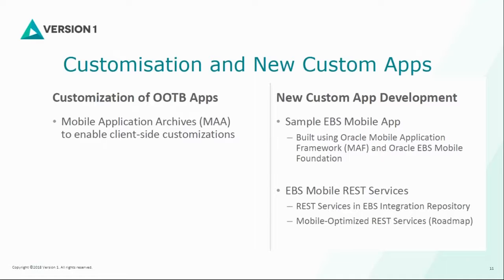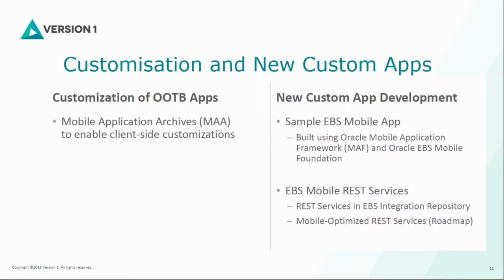It is possible for organizations to customize existing mobile applications or to develop their own from the ground up. Mobile application archives enable client-side customizations by allowing an organization to copy an existing out-of-the-box mobile app, tweak it using Mobile Applications Framework, and then distribute it as their own custom app.